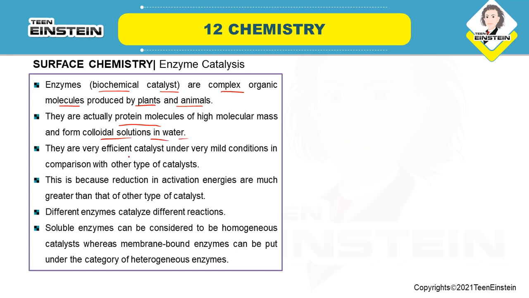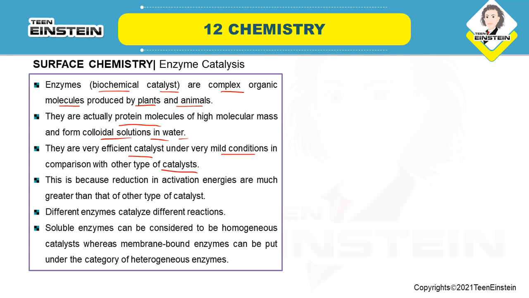Now they are very efficient catalysts under mild conditions. As these are biochemical catalysts used inside the body, obviously it should be mild conditions, because some particular pH or temperature is maintained inside for all the biochemical reactions. So the catalysis must be under mild conditions compared with other types of catalyst.